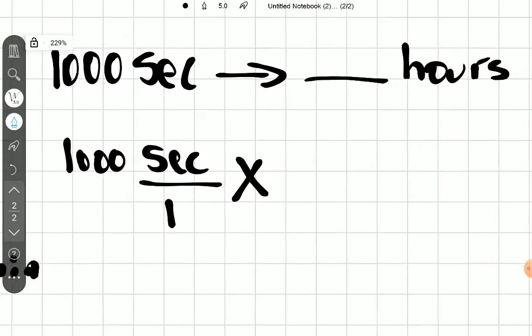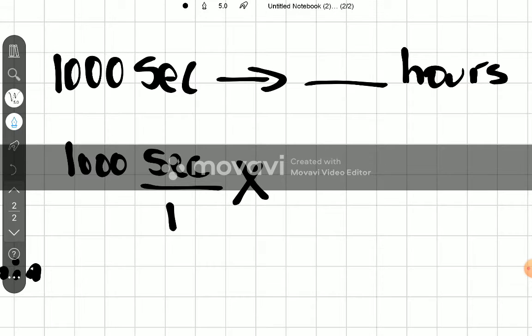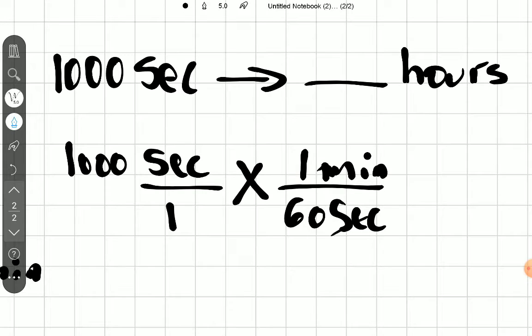So if we want to convert the seconds into minutes, we're going to do the same thing we did for the last example. So here we have 1 minute and we have 60 seconds. So we can cancel out seconds, and now we're left with minutes.